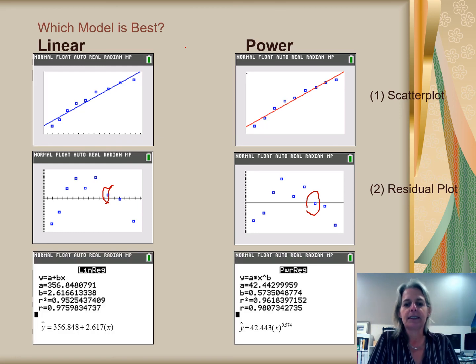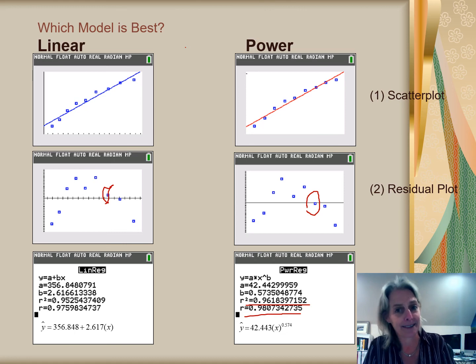So you really have to look at the R and R squared values in this case, and note that the R value is slightly more for the power model down here, and the R squared is slightly higher, but just ever so slightly. They're both very close in this case. Usually it won't be that close when you're trying to make a decision.